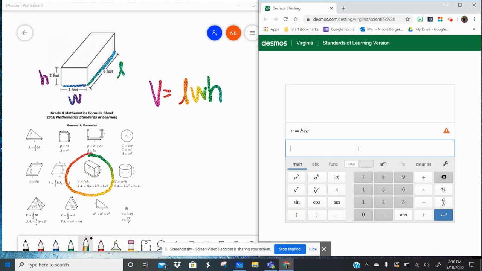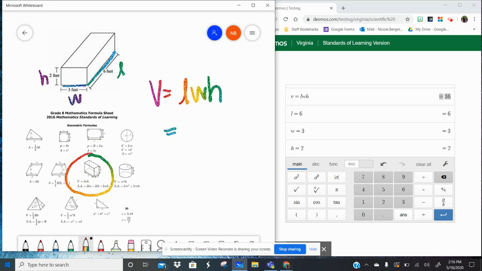Oops, it's helpful if I use the L. Length is 6, width is 3, height is 2. Once I have that, boom, I have my answer right here. The volume is 36 feet cubed. Look, I almost said squared. Cubed, right? So the volume is cubed. So 36 feet cubed, or 36 cubic feet.